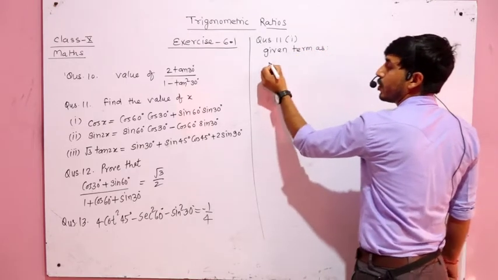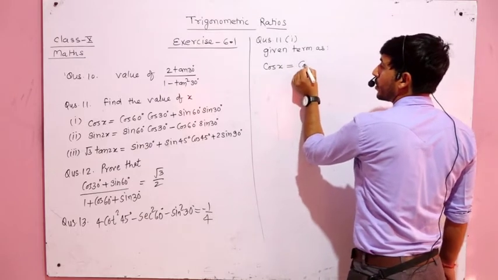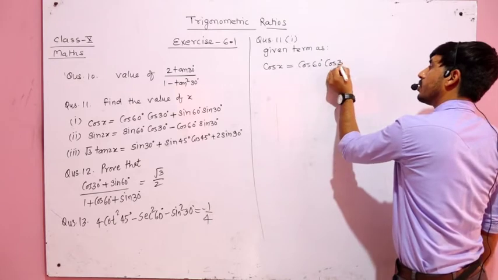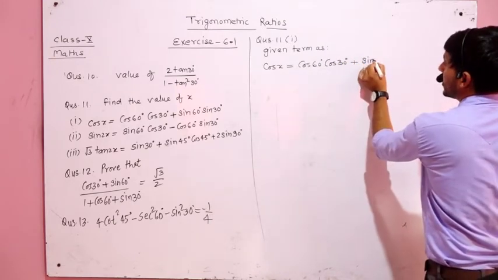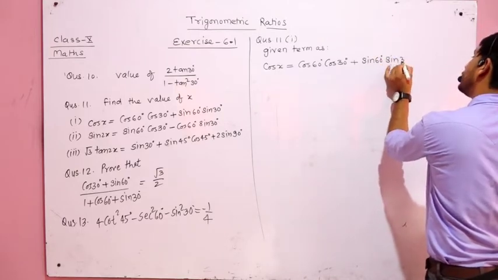Cos x is equal to cos 60 degree multiplied by cos 30 degree plus sin 60 degree multiplied by sin 30 degree.